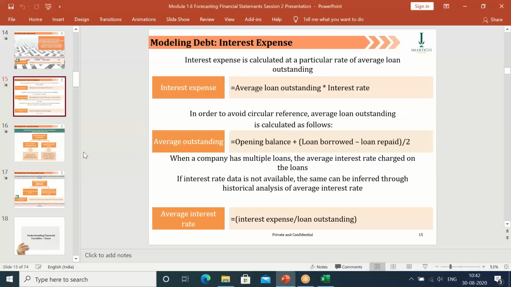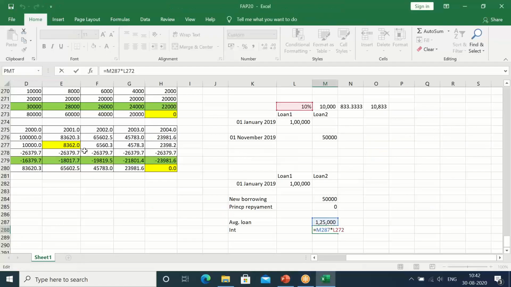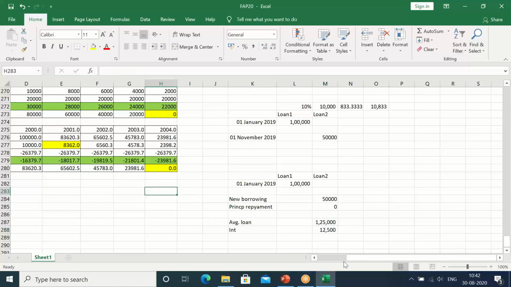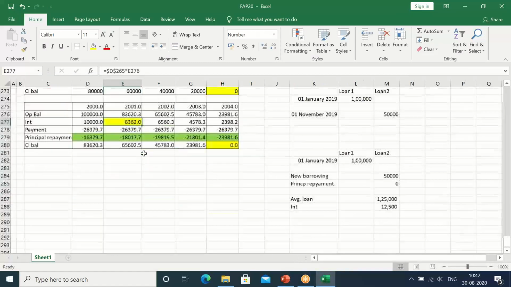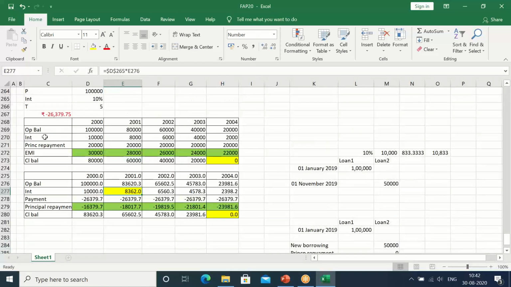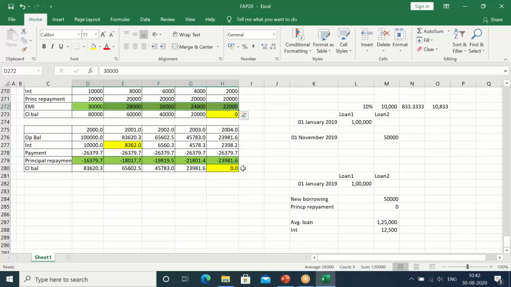Okay. So this is the complete loan schedule. What we discussed yesterday, there are two ways that a loan schedule can be created. One is using the PMT formula, which keeps your repayment amount constant, and one where your repayment amount is not constant, is variable.